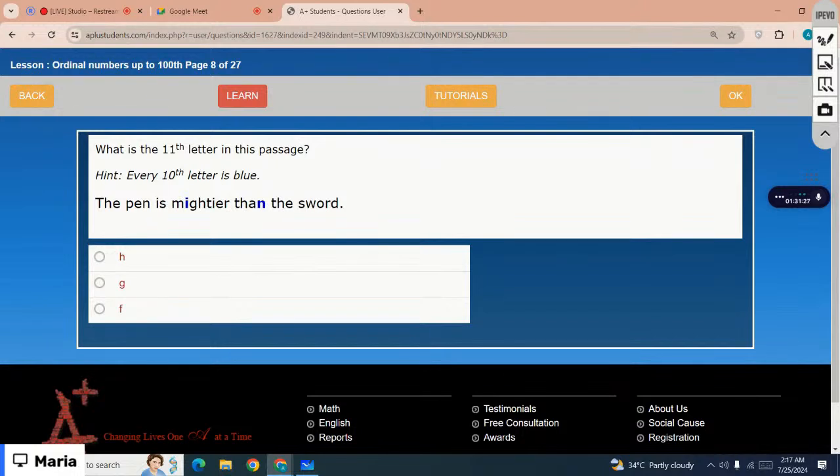G, the 11th letter is G. The correct option is G.